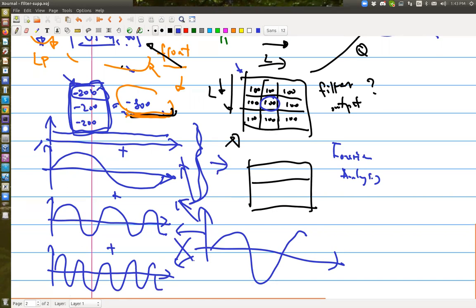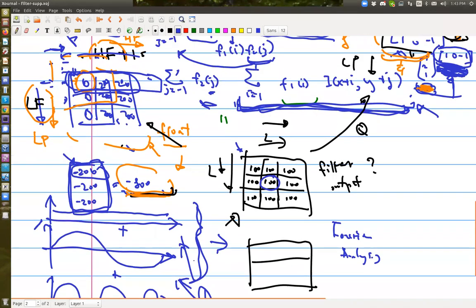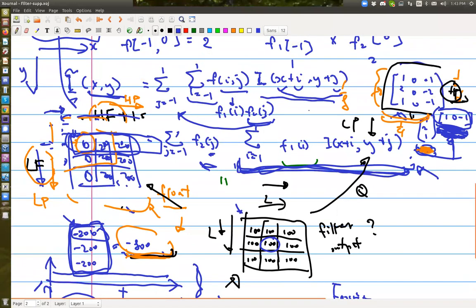So for a filter like 1 0 -1 here, this is a high pass filter: things that are oscillating will be able to pass through, but if it is something flat, it's not going to pass through.